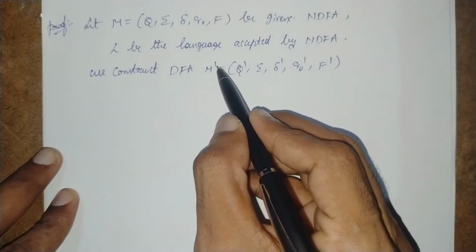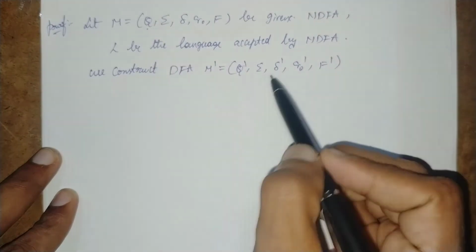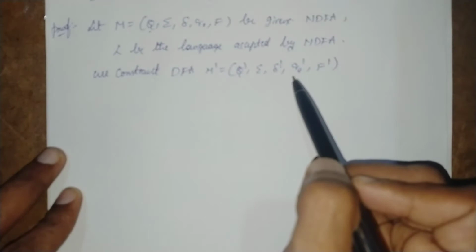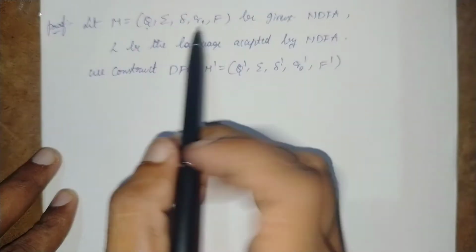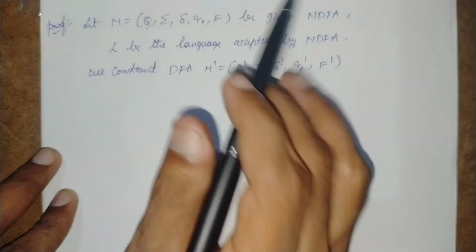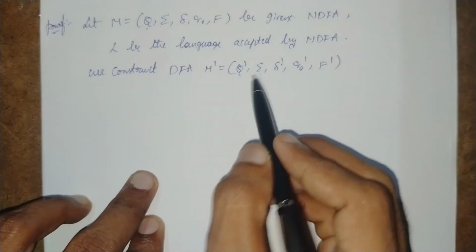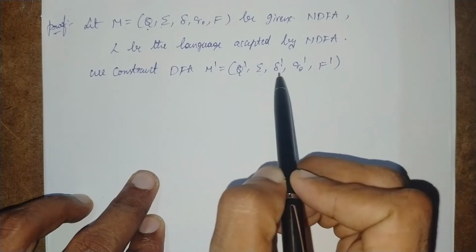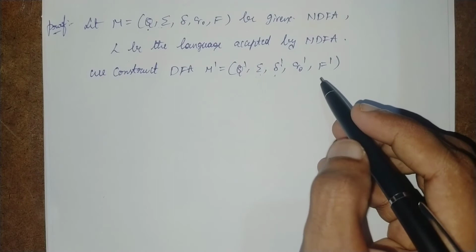Here we denote M dash to vary from M, and Q dash varies from Q, delta dash varies from delta and similarly. But the inputs are the same in both cases, so sigma remains the same. So please note that point. The inputs are the same, but the states, the transition functions and final states will vary.